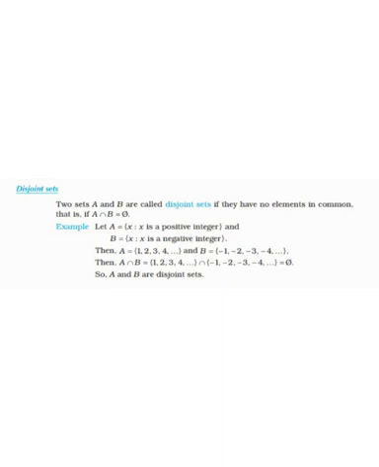The next one is overlapping sets. Two sets A and B are called overlapping sets if they have at least one element in common, that is, if A intersection B is not equal to the empty set. That is the opposite of disjoint sets.